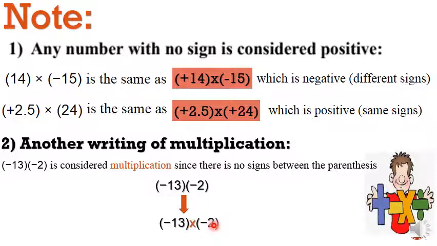So I will repeat, when I see parentheses between two signed numbers with no sign in the middle, parentheses indicates multiplication. So I'm going to multiply these two signed numbers. You can write it in this way or in this way. So the answer here will be negative and negative. The answer is positive 26.